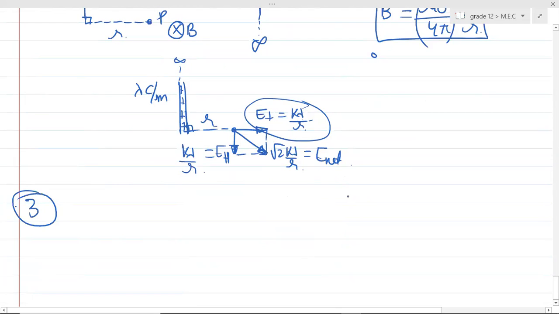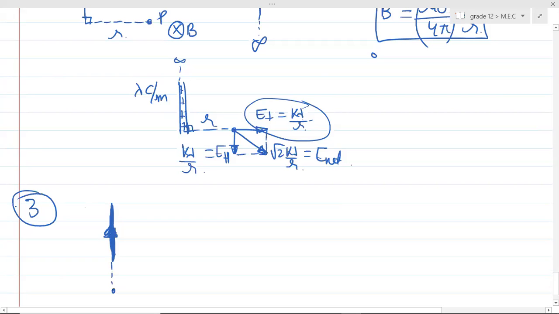Let me check. Case 1 is the finite wire. This is done. Third case. Guys, this is very important. Suppose whether this is a finite wire or infinite wire, it doesn't matter.